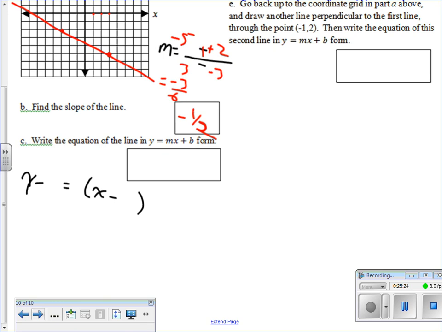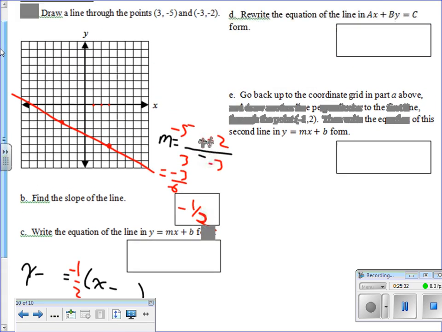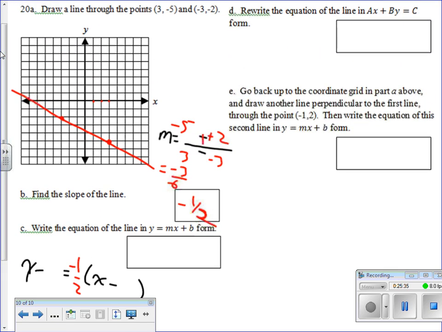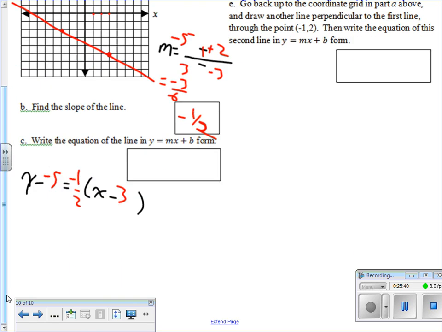What I would do is set up this and rearrange it. Minus 1/2, that's my slope, and pick one of the 2 points. I'm going to go with -5 and 3. Doesn't really matter which one. Y plus 5 equals, distribute my -1/2. -1/2 x plus 3/2. Subtract 5 from both sides.